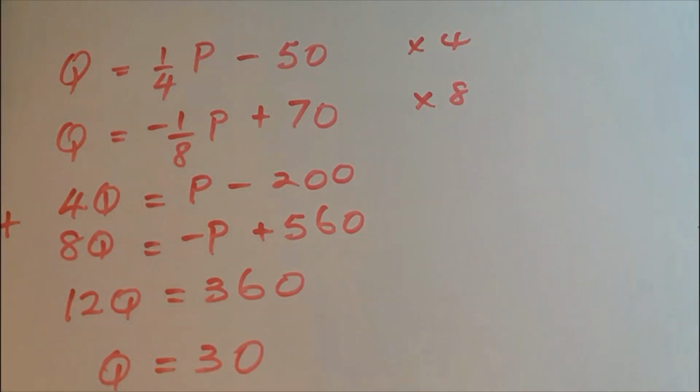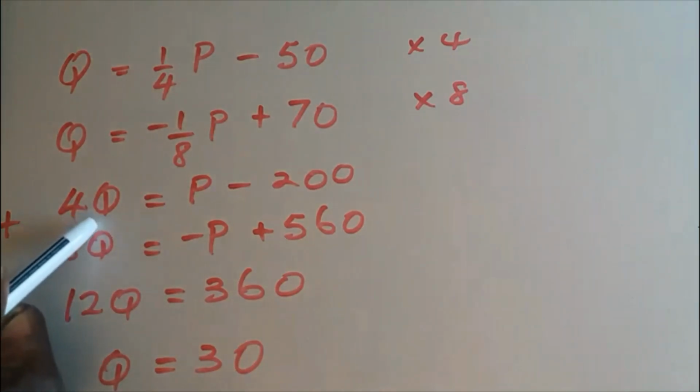So we know our equilibrium price is represented by P, and Q is the quantity. So the quantity that we can buy at this, or the demand, is 30 kilograms, or whatever units you're actually using. Now to find P, we can substitute in one of these equations.